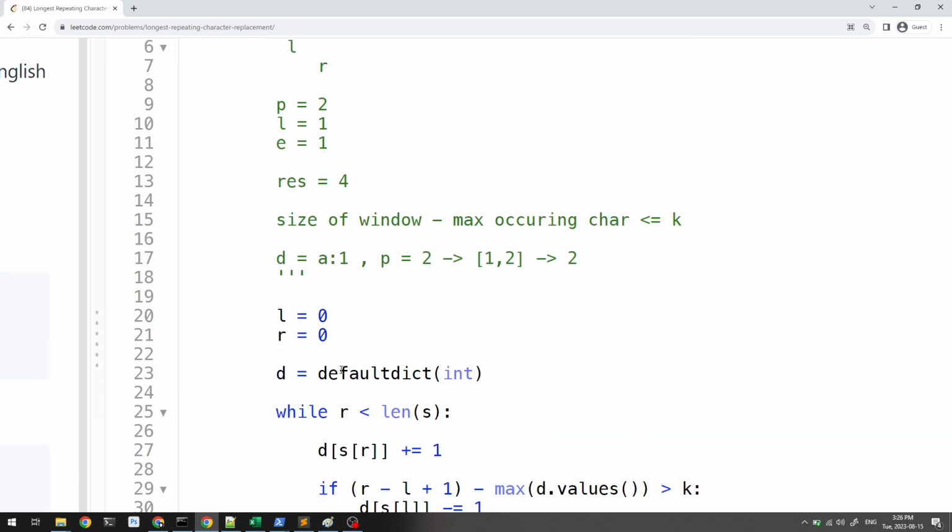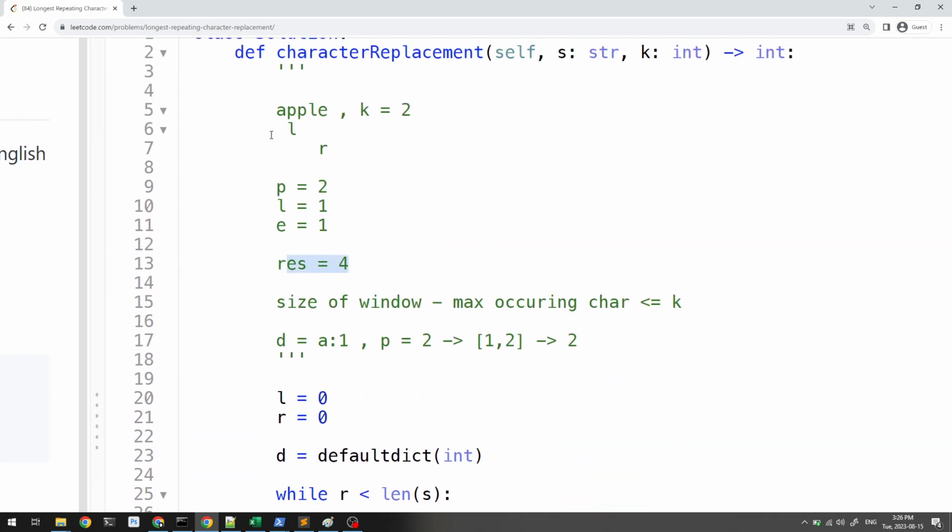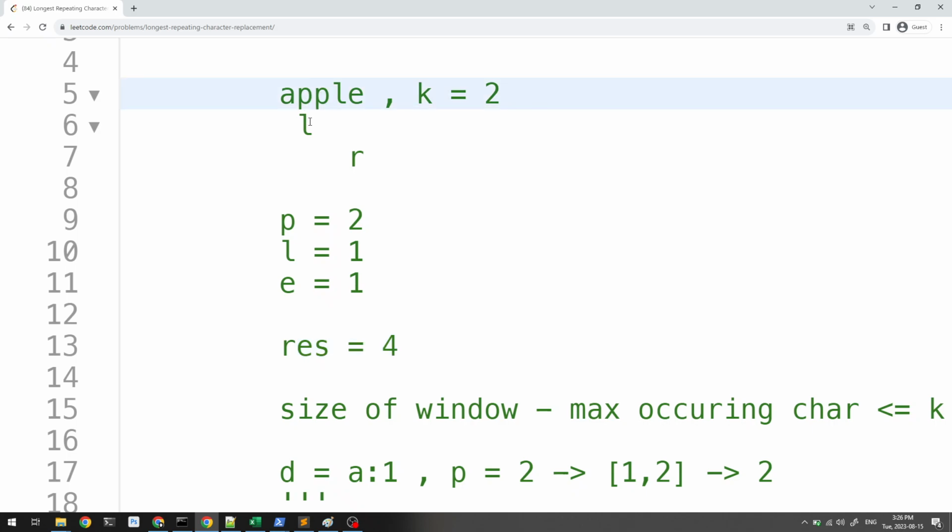And now you may be asking, how do I figure out my result? If you think about this, what is my result, right? Initially, we're over here, and we already argued that if the size of the window is less than k, then that has to be our result, right? And if you really think about what we're doing, here my result is 1, now it's going to be 2, now 3, now 4, right? We're just setting result equal to the size of the window.